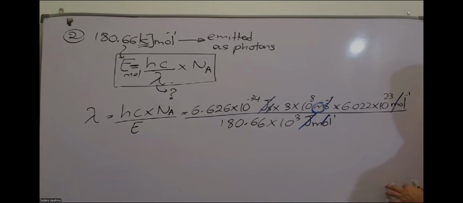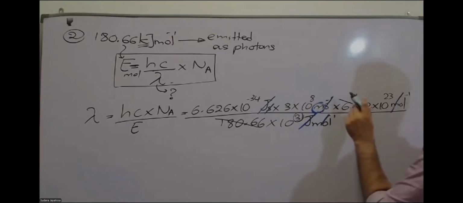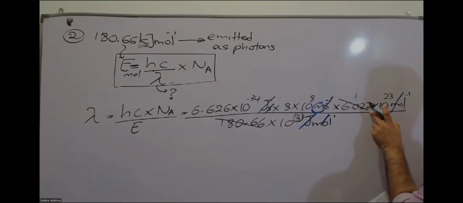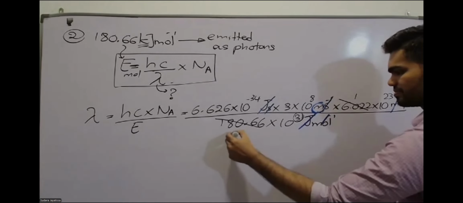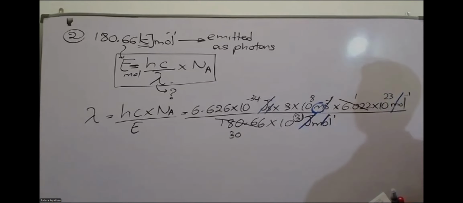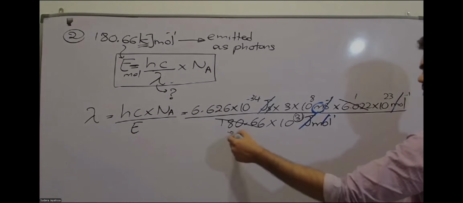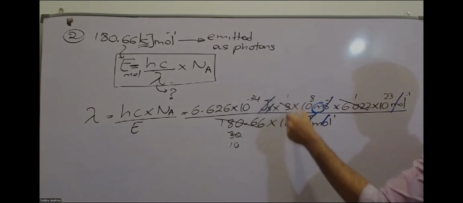Now you can simplify the numbers and powers separately. Look at this for a second. If you cut this 6.022 with 180.66, you will get 30 here, and then you can cut that 30 with this 3.